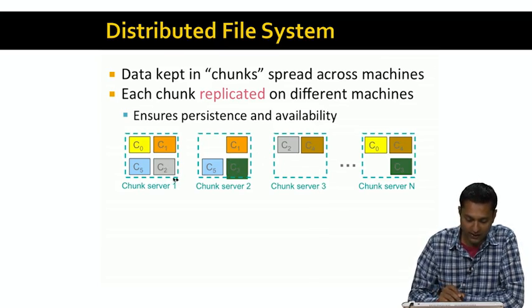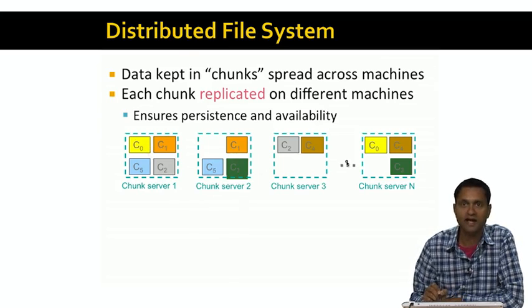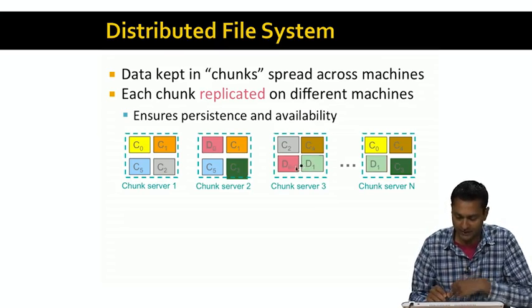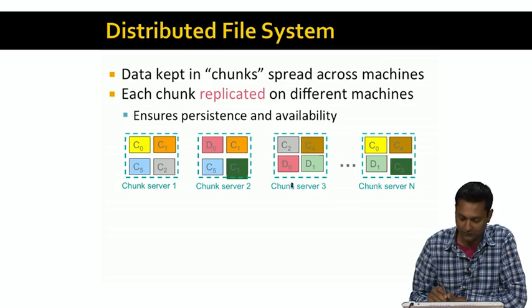So C1 has one replica on chunk server 1 and one on chunk server 2. C0 has one on chunk server 1 and one on chunk server n, and so on. Here's another file, D. D has 2 chunks, D0 and D1, and that's replicated twice. So that's stored on different chunk servers as well.